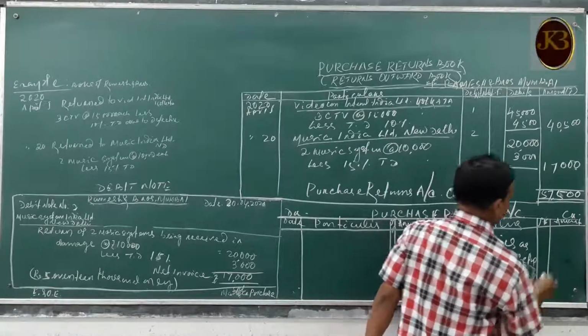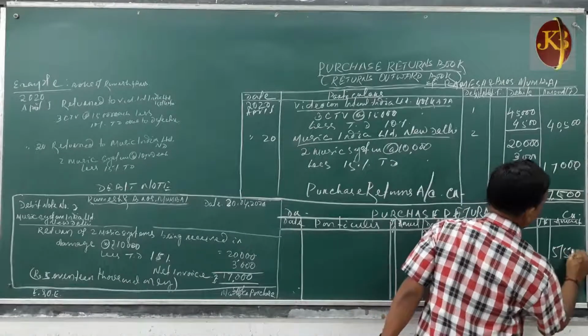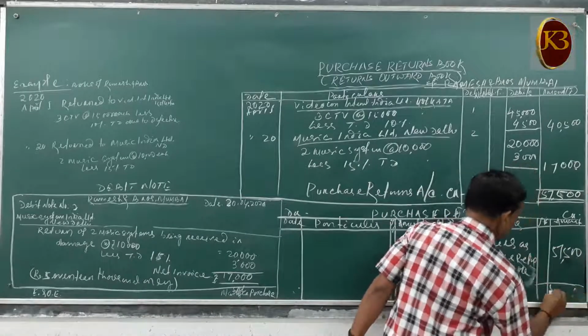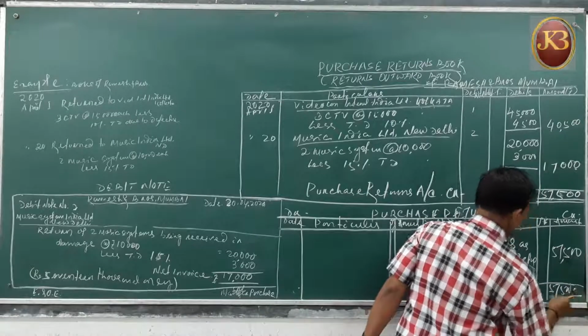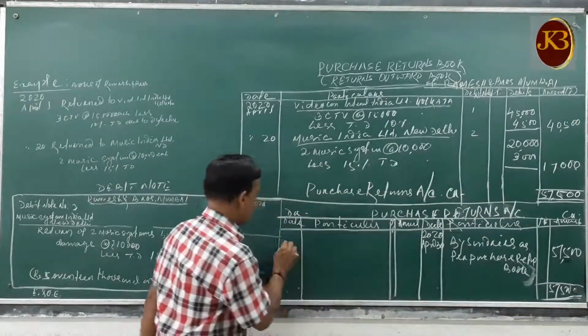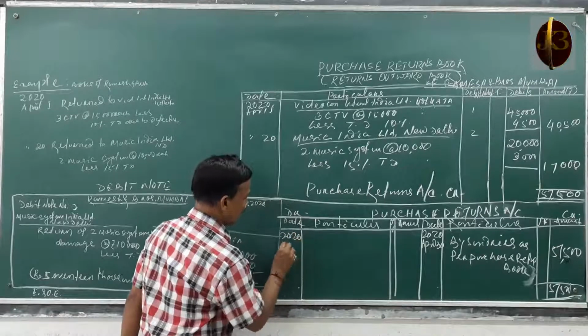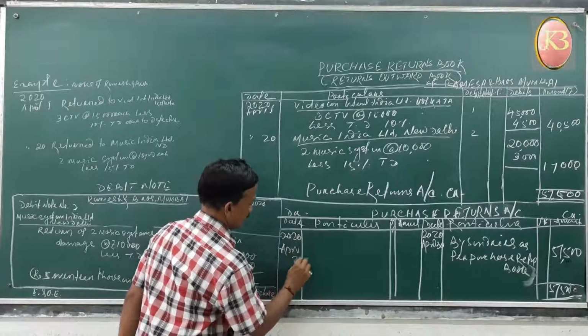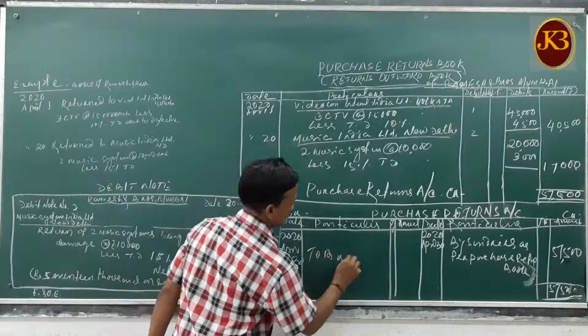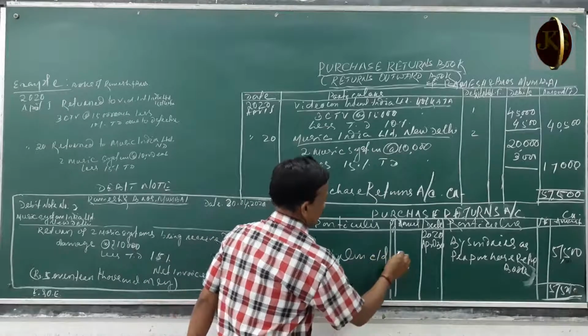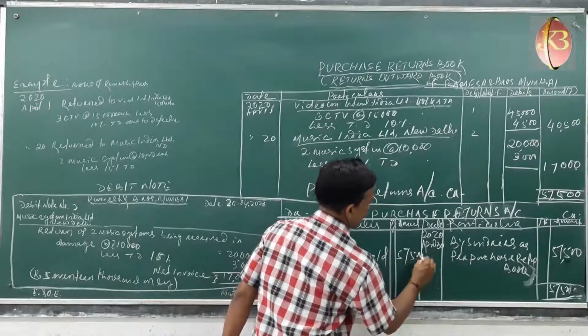Sorry. So 57,500 total. So there is 2020 April 30, to balance carried down 57,500.